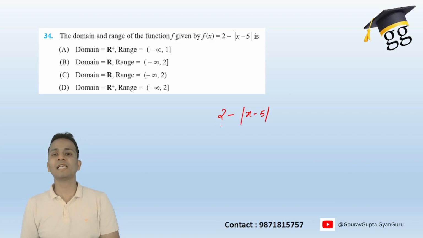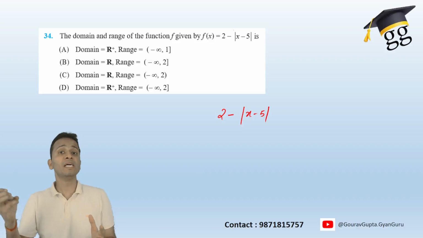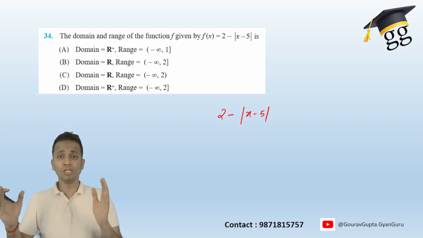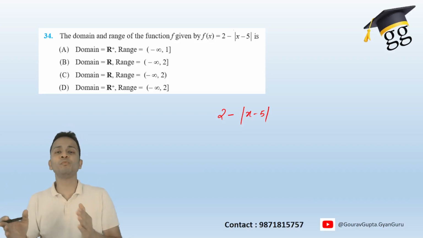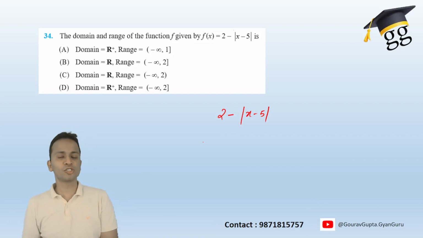So what I'm doing is subtracting something positive from 2. If I subtract any positive value from 2, the final value will have to be less than or equal to 2. Okay, so I'm talking about the range. So the range of this function will be minus infinity up till 2.